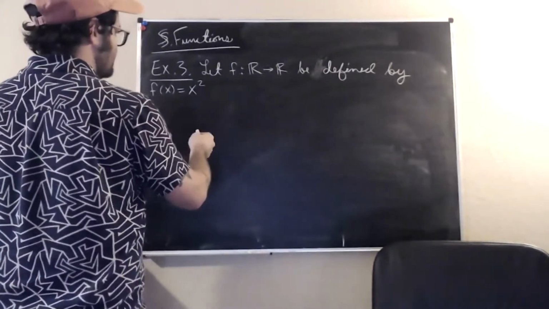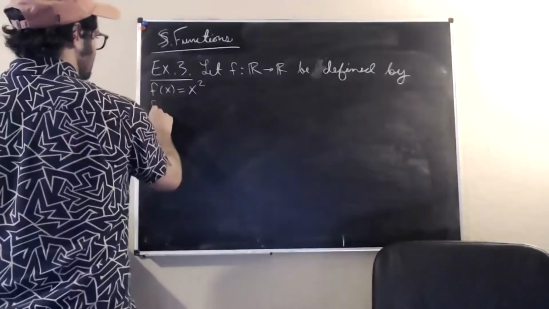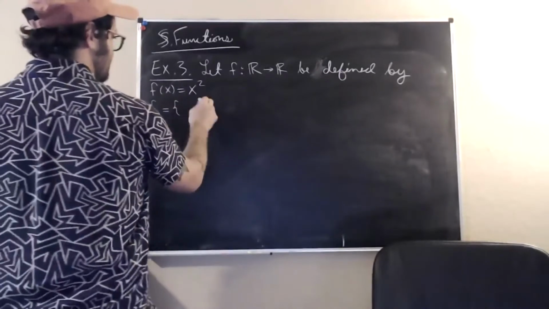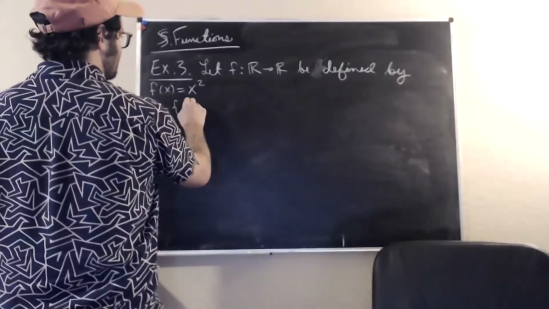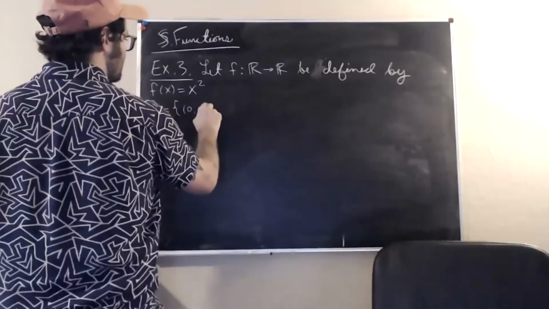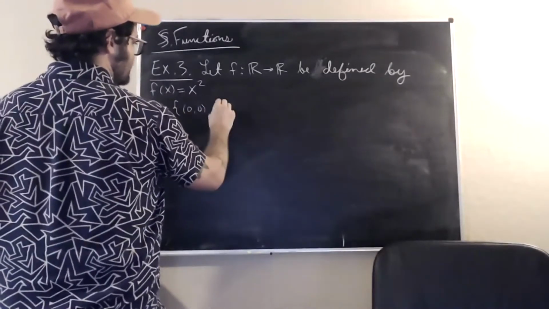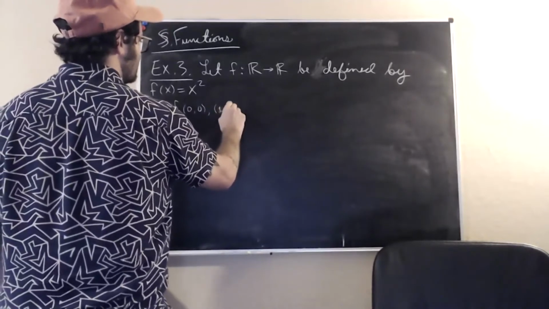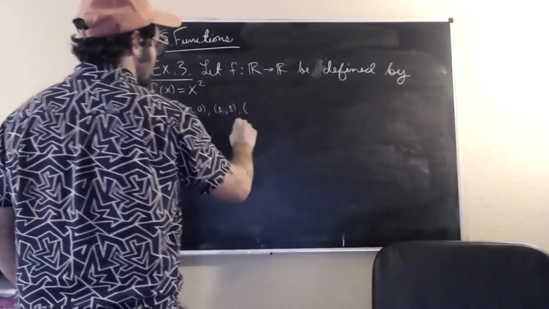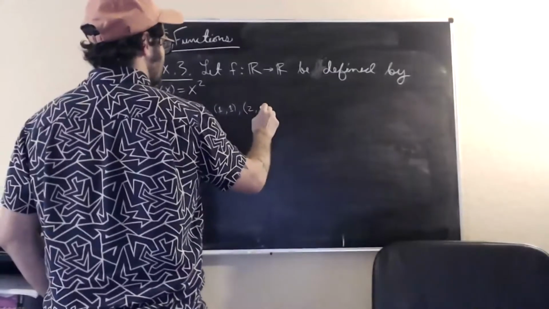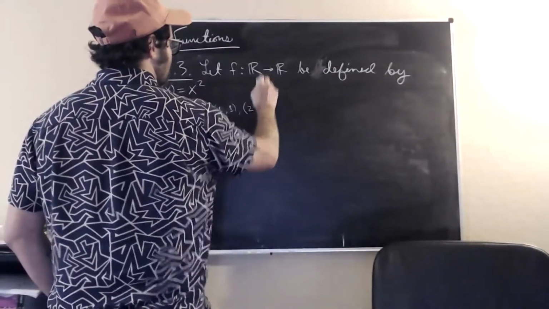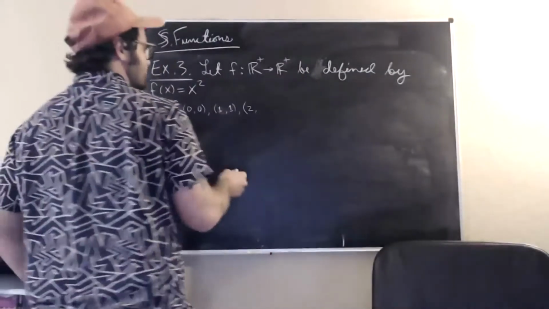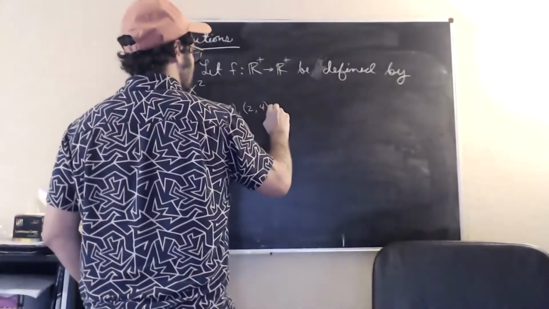So what does the set f look like? The set f looks like, say, 0, 0's in there, right? What else is in there? 1, 1. 2, well, let's just say positive real numbers, just so I don't have to draw so much or think about the negatives. 2, 4's in there.